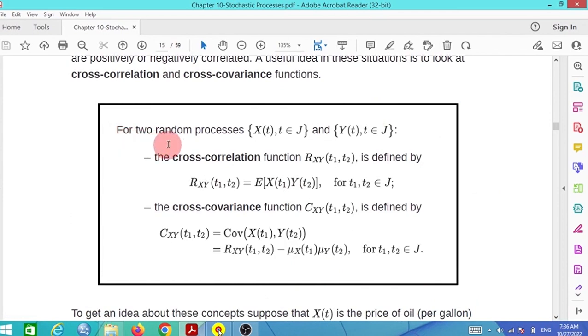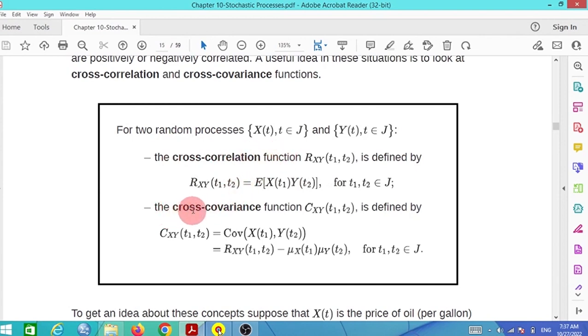For two random processes xt and yt, the cross correlation function, denoted by r index xy at times t1 and t2, is defined by r_xy(t1, t2) equal to the expected value of the product of the random processes at t1 and t2, for each t1 and t2 belonging to the index set G. This is the definition of the cross correlation function.